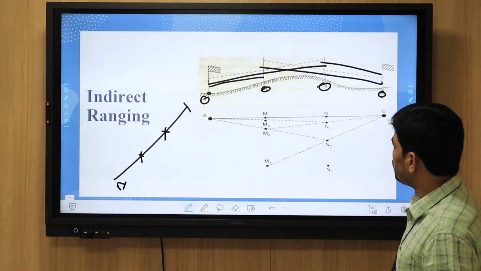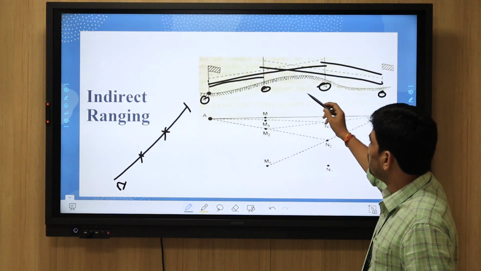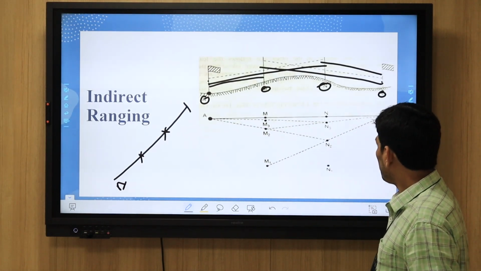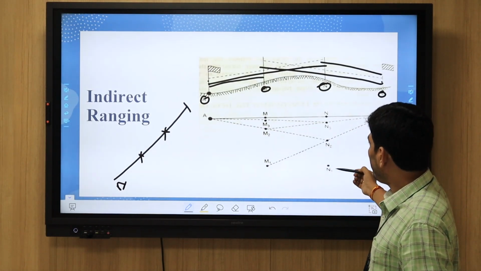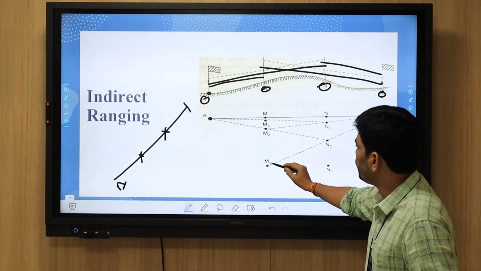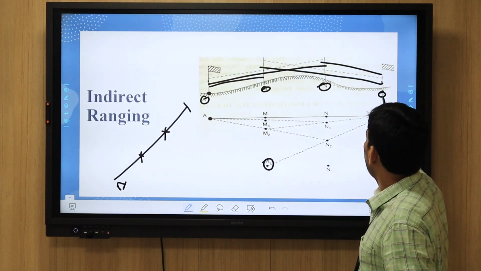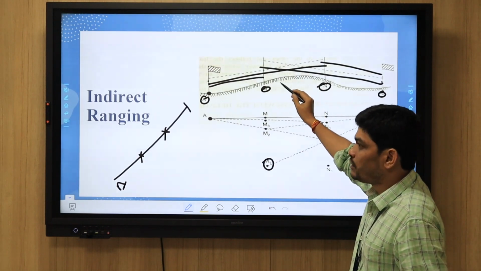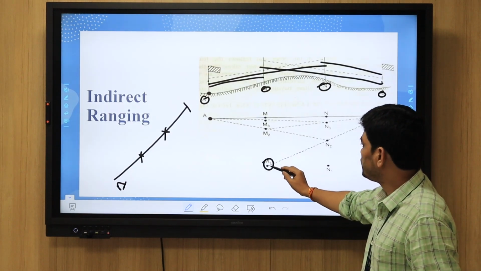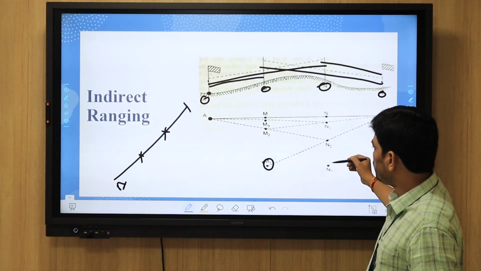First, what we have to do? First, A and N1. Suppose B and M1. Initially they kept it at N1 now. From here to here they have C, and this N1 is there now.